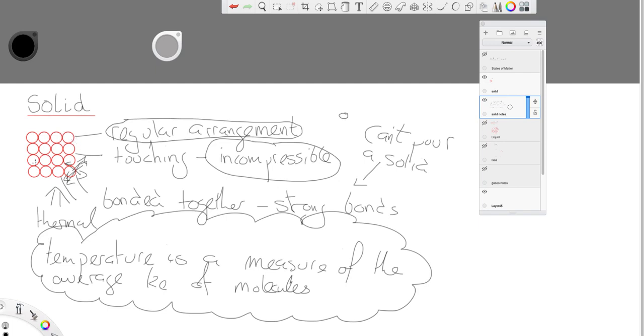But you've got little clumps of these broken up, and that's what your grains of sand are. You're not pouring individual atoms, or molecules rather. So you can't pour a solid. You absolutely can't pour a solid. My apologies for the poor writing. So that's solids. Regular, touching, incompressible, strong bonds, can't pour them.